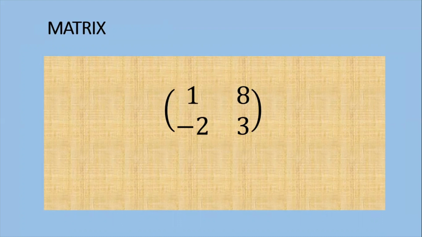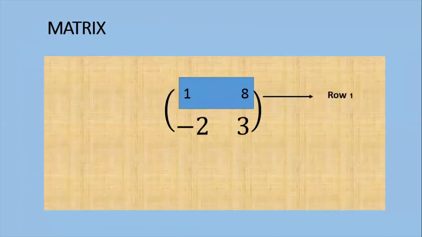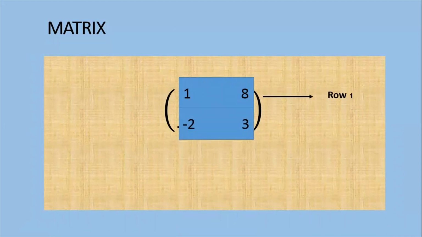Let's see that together. So 1, 8, that's a row, exactly. So this one will be the first row. And minus 2, 3 will be the second row. So in this matrix, we've got 2 rows, row 1 and row 2.